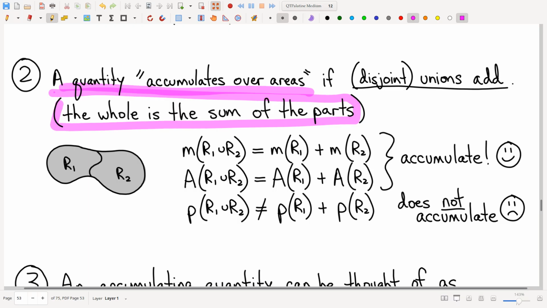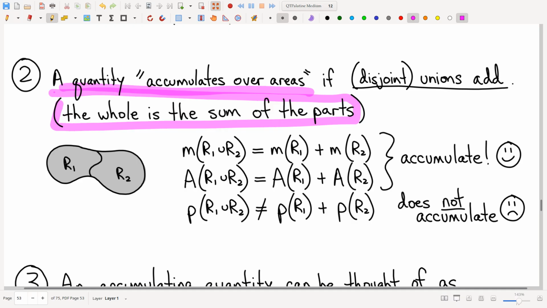Right? So every time we did an integral, and I say I want to compute the total mass of whatever thing we're looking at, I'll chop it up into little pieces. Each little piece has a mass, and the mass of the whole is the sum of the masses of the little parts. Right? Accumulating quantity. That's all we're talking about here.